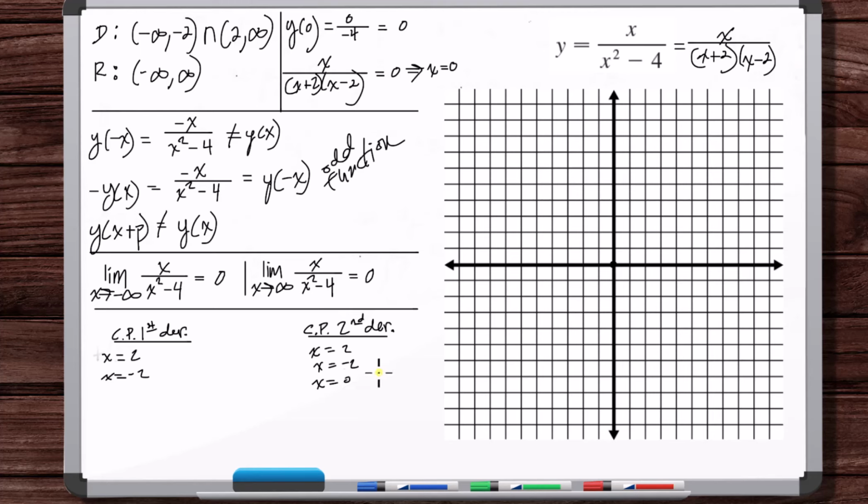Okay, next we want to look for asymptotes. And to do this, we take the limit as x approaches all of the critical points from the left and the right. So minus 2 from the right, minus 2 from the left.